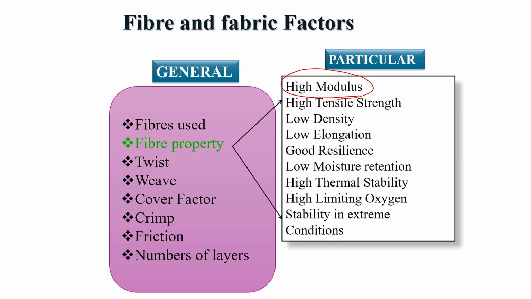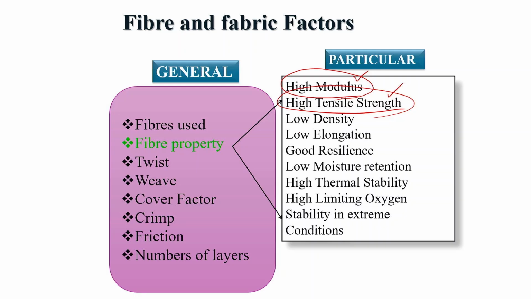So, it will deform easily. That is why we need a fiber with high modulus. Obviously, we need high tensile strength, otherwise it will get damaged or failure will occur at a lower force. So, high tensile strength is a requirement.